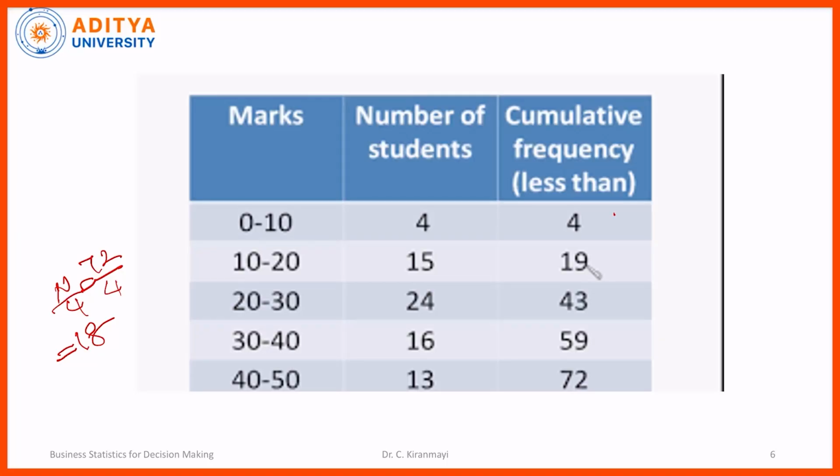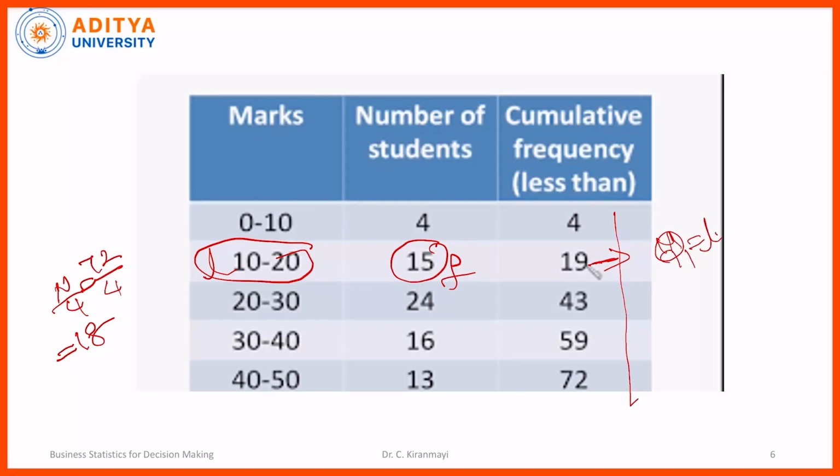So, in the cumulative frequency, let us see where this 18 falls, and this will be the quartile class, and this is the L value and this is the frequency. The formula for the first quartile is given by L plus n by 4 minus cumulative frequency by the frequency of the class into h.